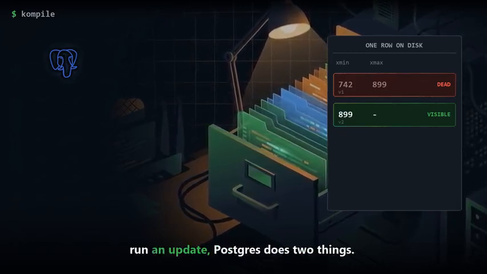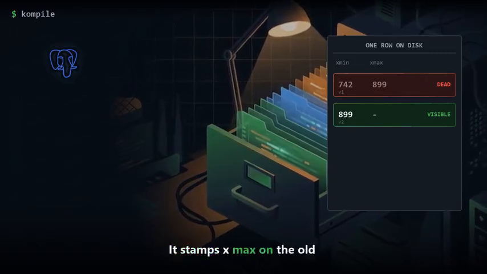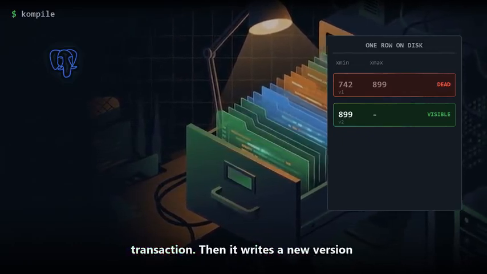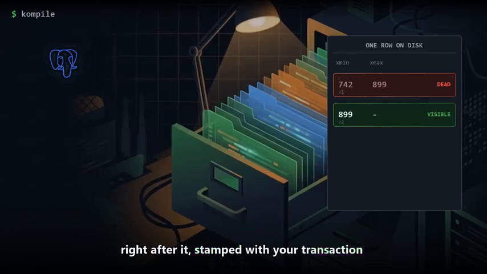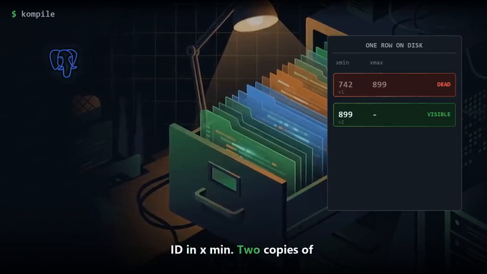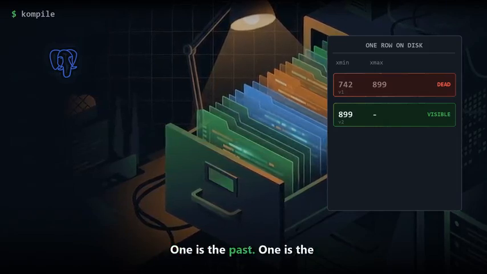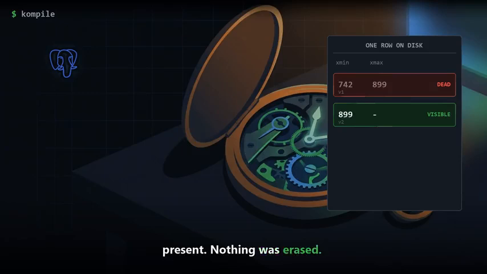So when you run an update, Postgres does two things. It stamps xmax on the old version, marking it dead as of your transaction. Then it writes a new version right after it, stamped with your transaction ID in xmin. Two copies of the same row now exist on disk. One is the past. One is the present. Nothing was erased.